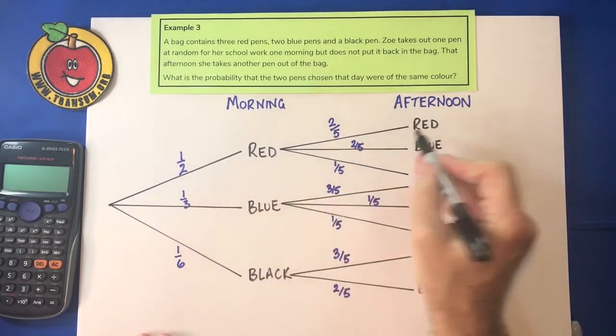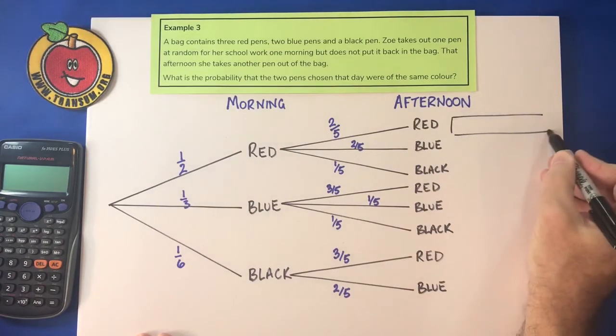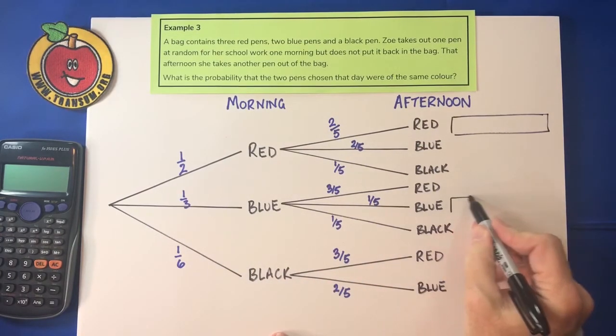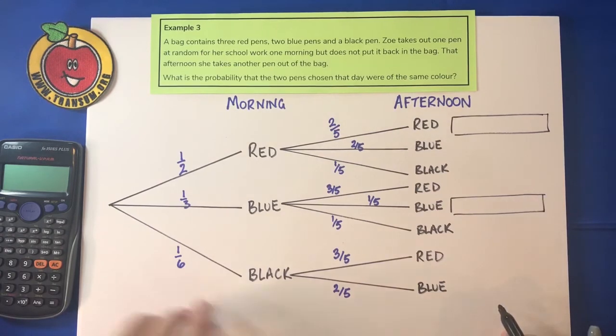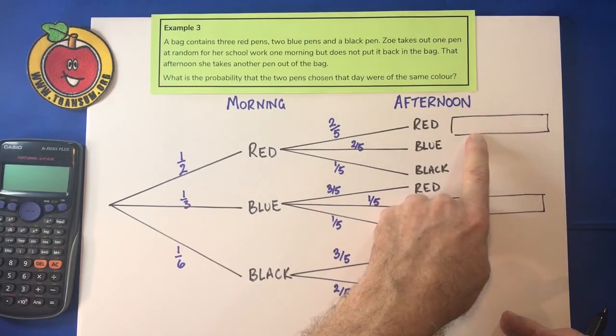It could be red followed by red. So I'll remind myself by putting a box there. Or it could be blue followed by blue, so that situation is here. Or it could be black, and there isn't another black to take out, so it definitely won't be this situation. It could either be 2 blues or 2 reds.